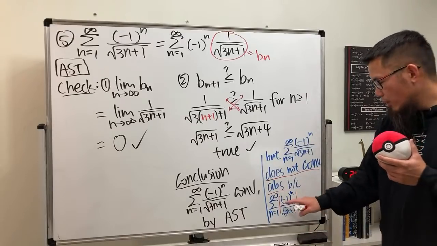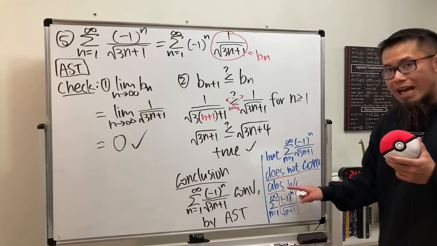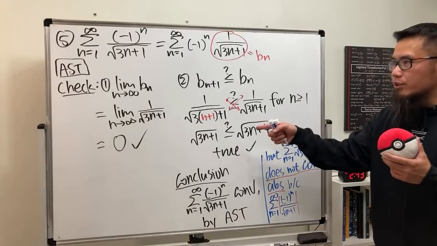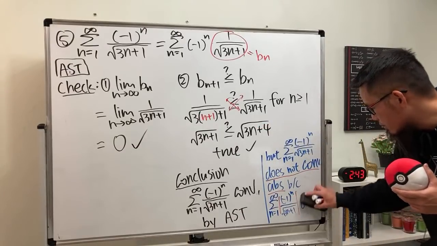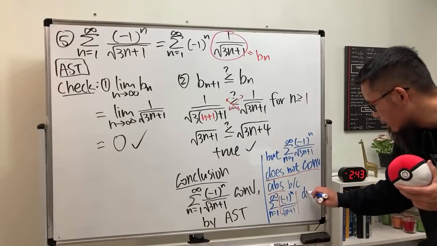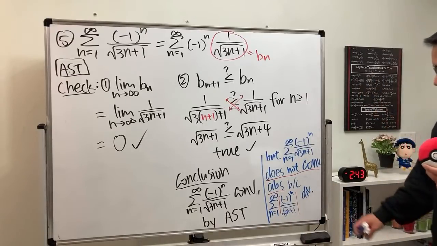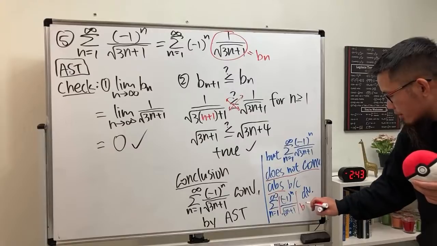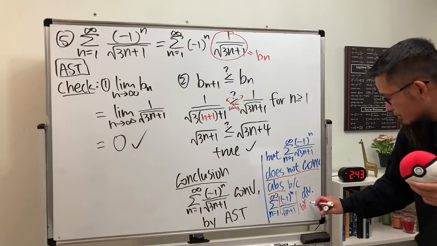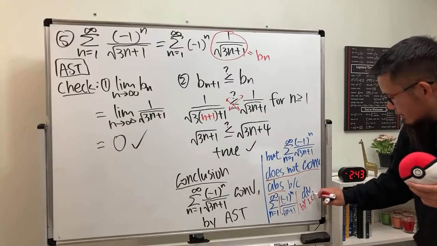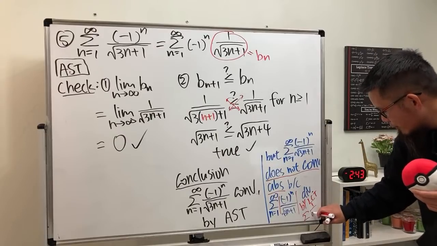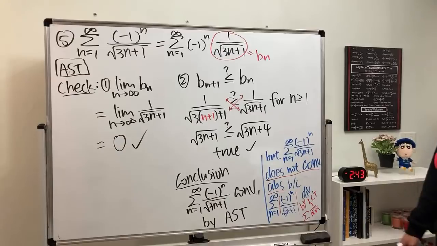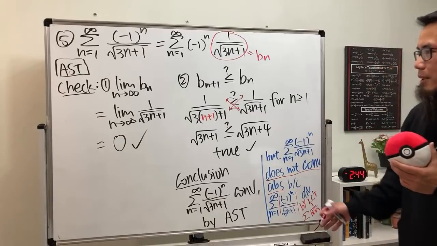Once you have the absolute value, you will just have 1 on the top. You cannot use the alternating series test anymore. This right here actually diverges. Why? You can do a comparison, a limit comparison, with the series 1 over square root of n. Anyway, just a side note.